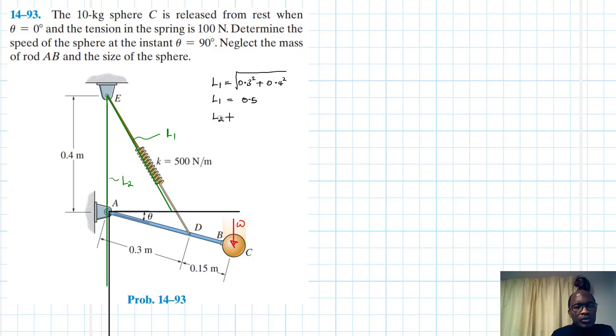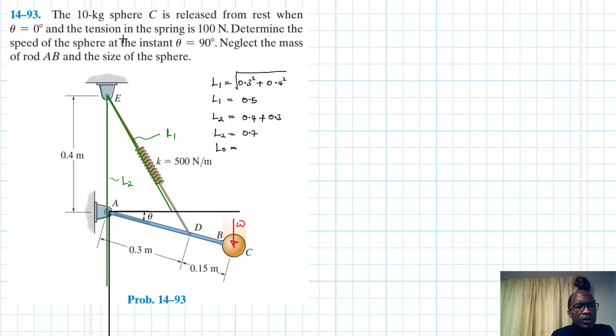And L2 is just equal to 0.4 plus 0.3. Therefore L2 will just be equal to 0.7. Then we do have L0, which is the unstretched length.